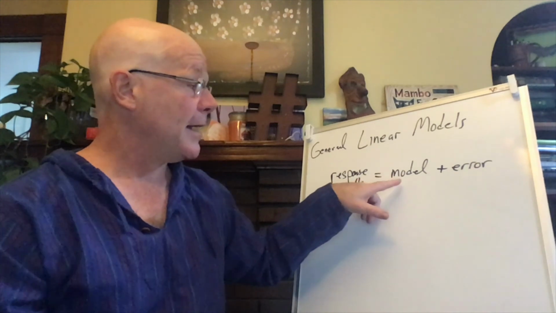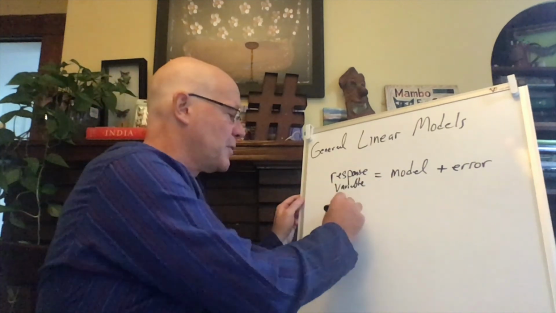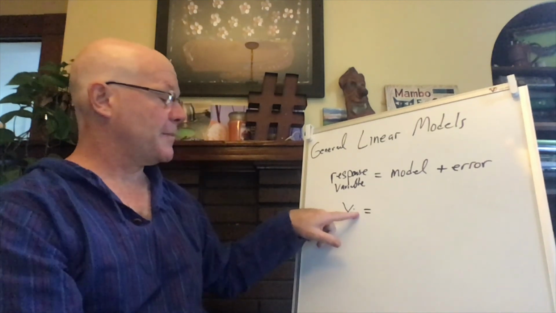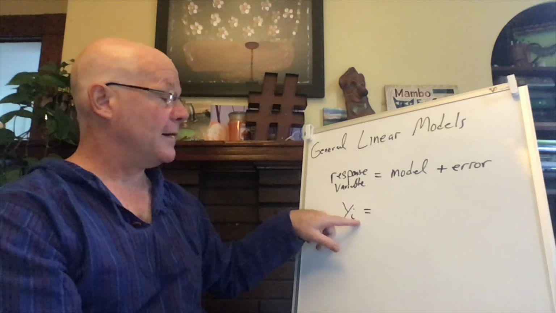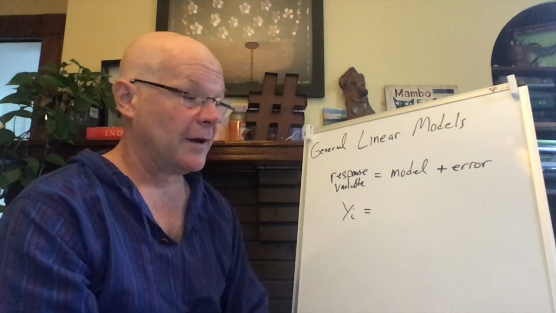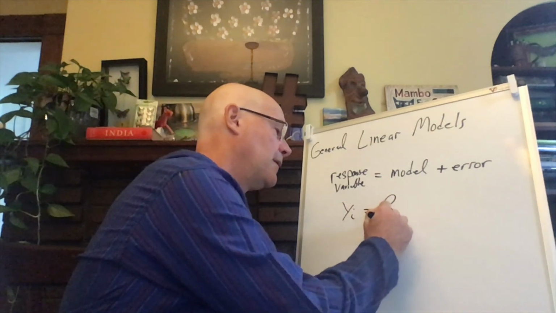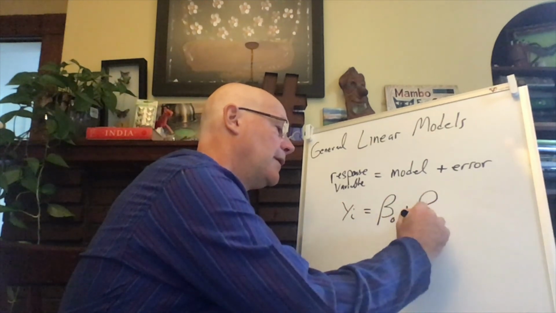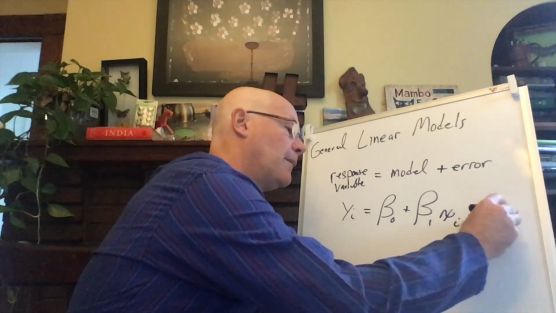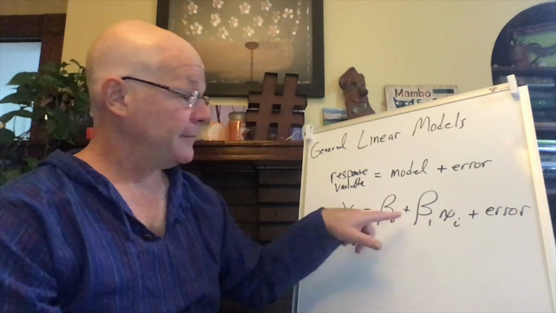So in a more formal framework, let's just think about what that might look like. We're trying to predict something, and that thing that we're trying to predict, that ith value of y, is going to be based upon some linear combination of parameters. And so a very easy one that we can think about is one where we have an intercept and a slope.